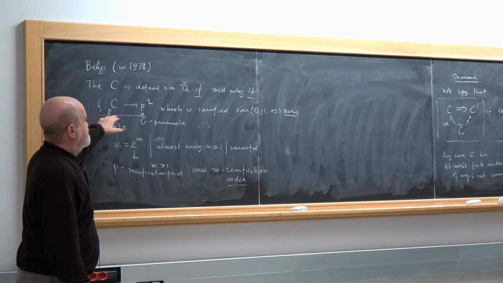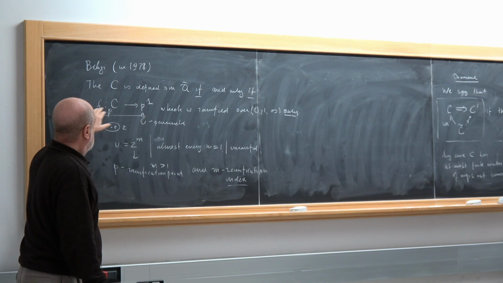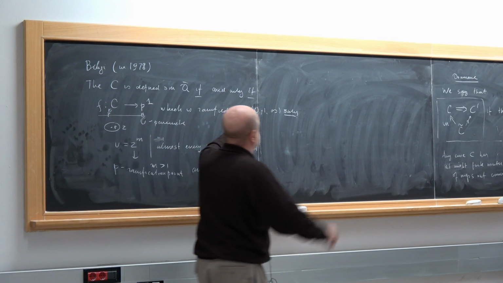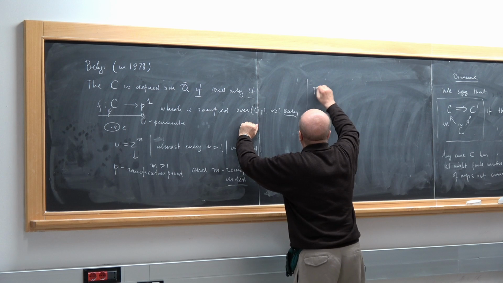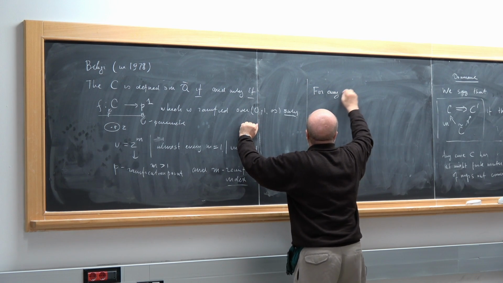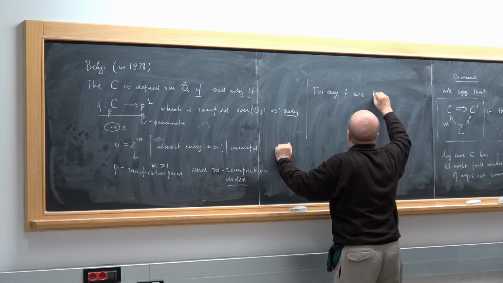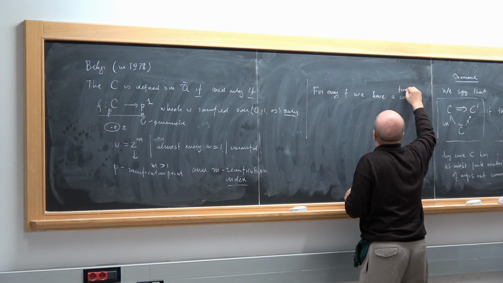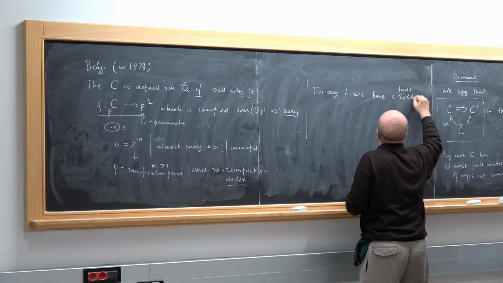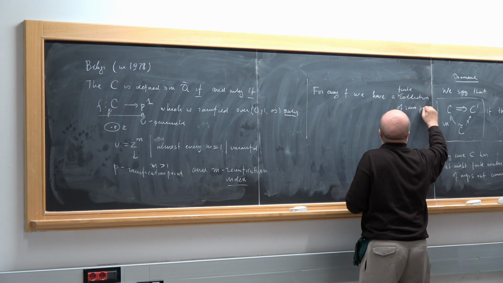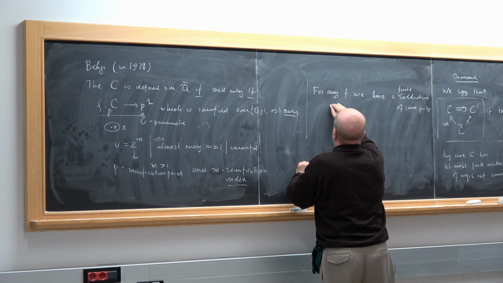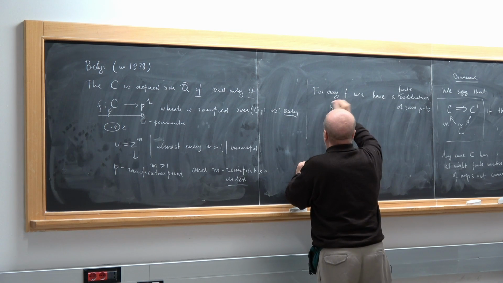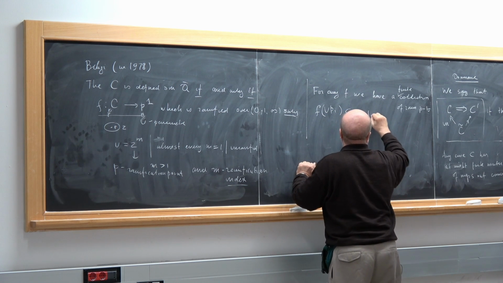So in particular, what does this statement mean? It means that for any f we have a finite collection of ramification points p_i, and f of the union of the p_i lies in {0, 1}.